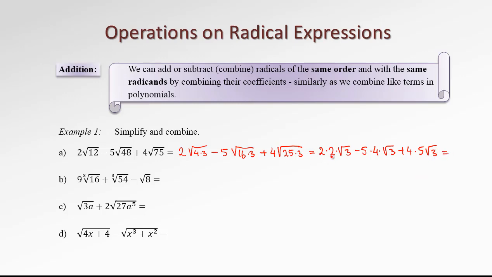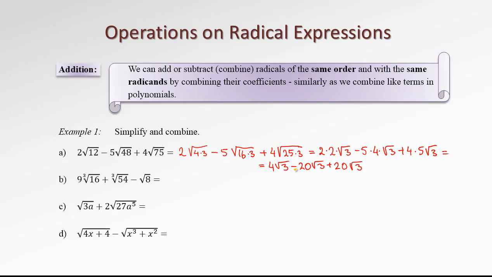Now we multiply the coefficients, and we end up with 4 root 3 minus 20 root 3 plus 20 root 3. As you see, in the end, we have exactly the same radicals, so we can just combine coefficients. 4 minus 20 plus 20 of what?